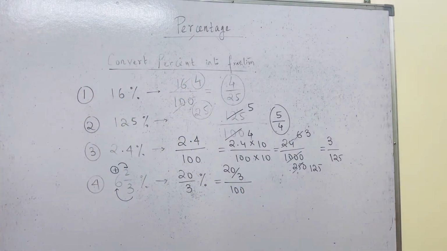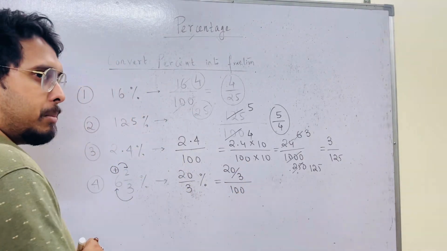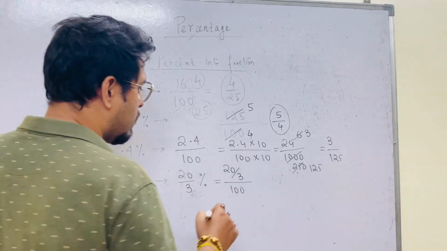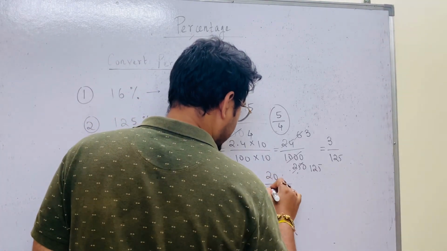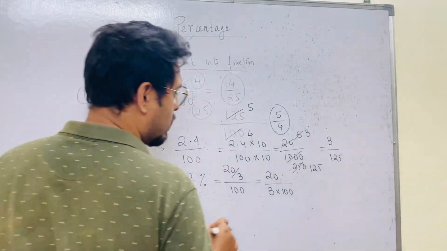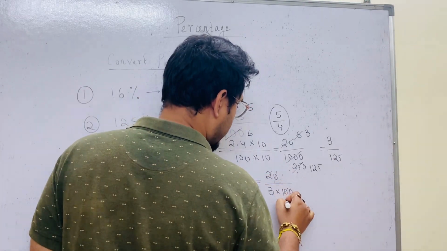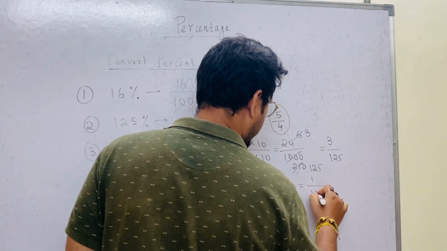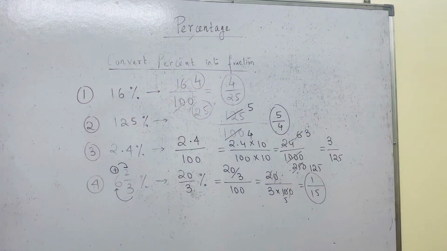As per the rule of fractions, whenever you divide a fraction by a number, that number is multiplied to the denominator. So it is 20 divided by 3 times 100. The zeros cancel out, and 2 and 10 gives 5 in the denominator. So the answer is 1 over 15.